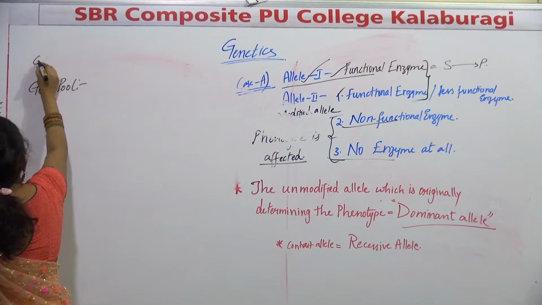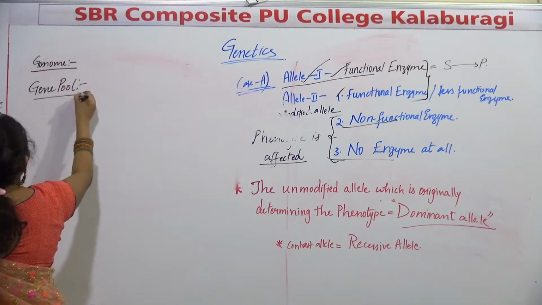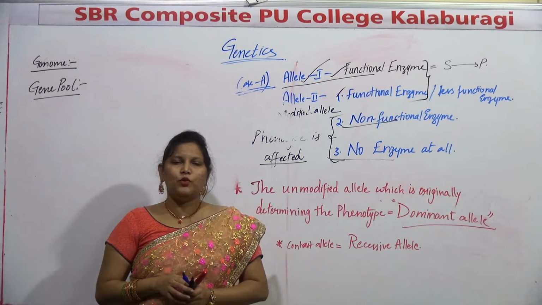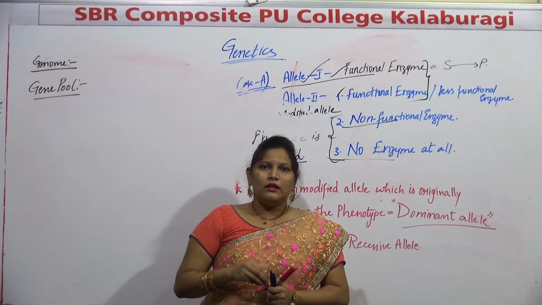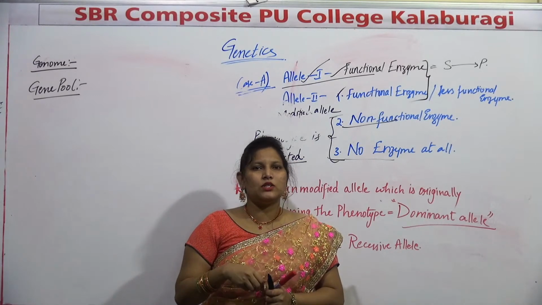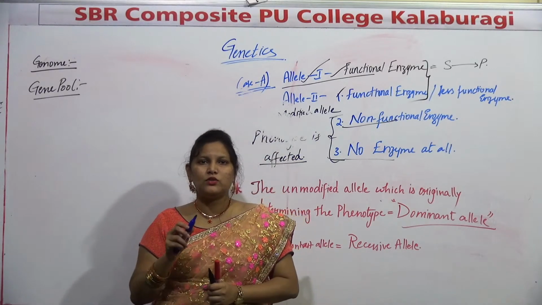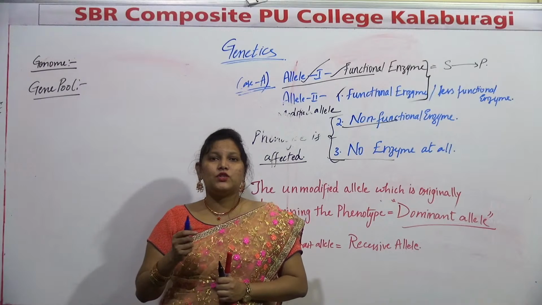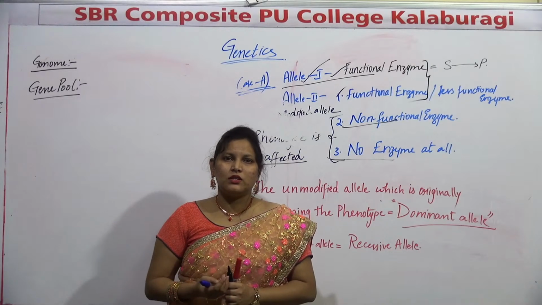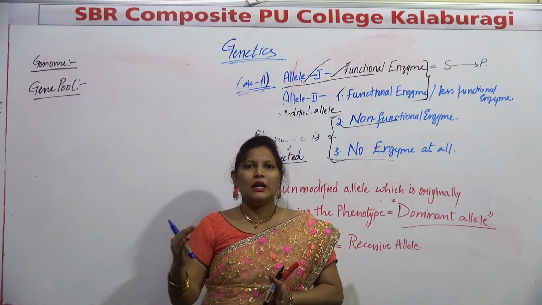and genome. Now see here, what is the difference between genome and gene pool? The genetic constitution of a single individual is known as its genome. The genetic makeup of an individual is known as genome. Whereas gene pool means the sum total of all the genes of a population in a given area at a particular time.